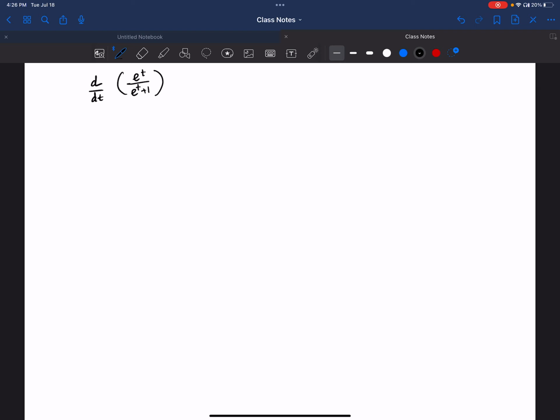So I can use f of t is e to the power t, g of t is e to the power t plus 1: d over dt of e to the power t, that's f of t, minus e to the power t times d over dt of e to the power t plus 1, divided by e to the power t plus 1 squared. That's your g of t squared.